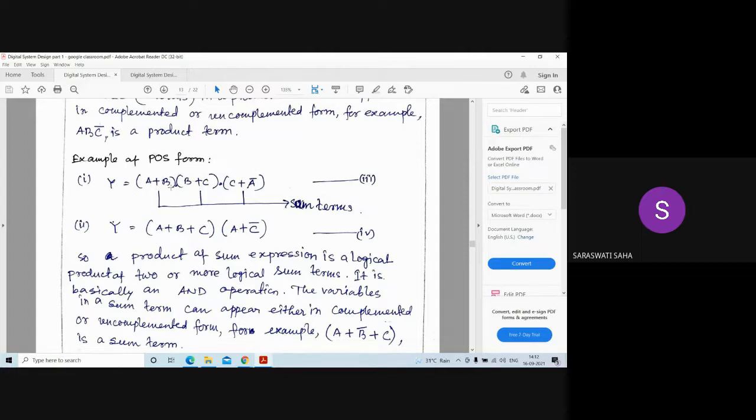A plus B is one sum term, second B plus C, and third term is C plus A bar. These individual terms are sum terms and we are taking the product of these three sum terms. So in this kind of representation, we call it a product of sum representation. Clear?